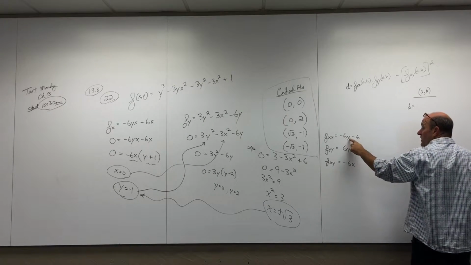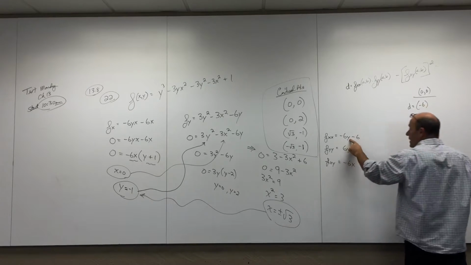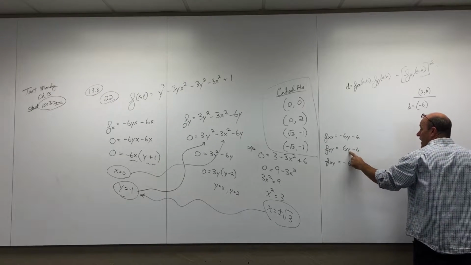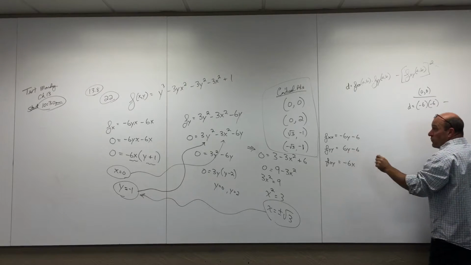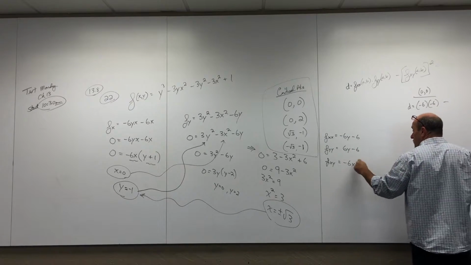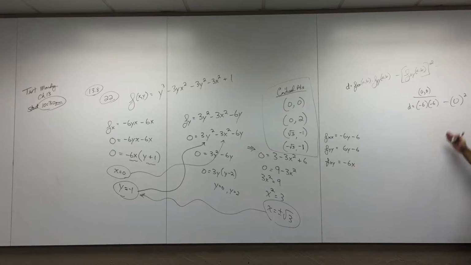When you plug a 0 in there for y, you get a negative 6. You also plug the 0, 0 in for fyy, and you get a negative 6. Minus, you also plug the 0, 0 in right there, that means x is 0, and you get a 0 there, and it is squared. Well, then this d is a positive 36.